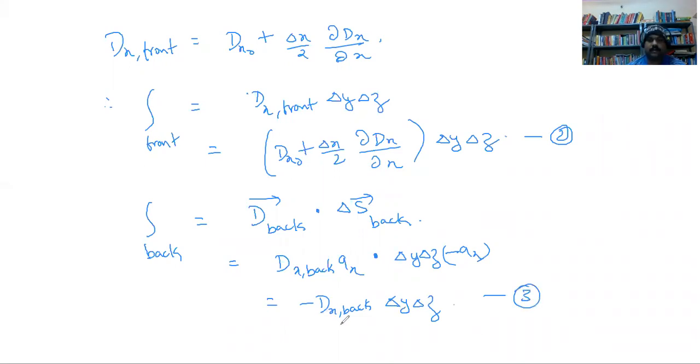Call this equation 3. Now how do we solve Dx back? So Dx back equals Dx naught, the same initial condition. At the point P you have Dx naught with reference to the x-axis.